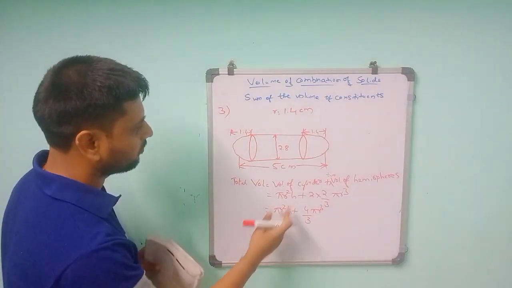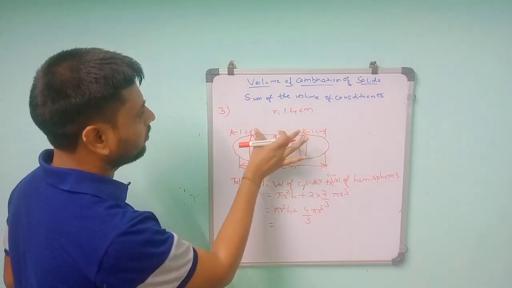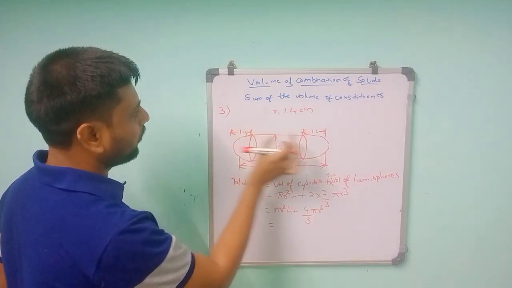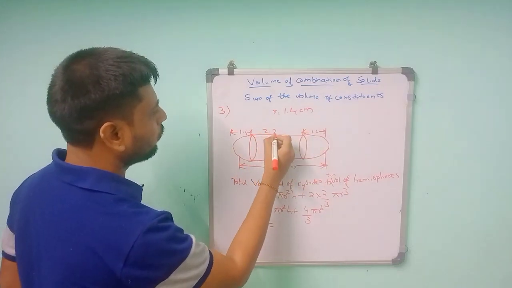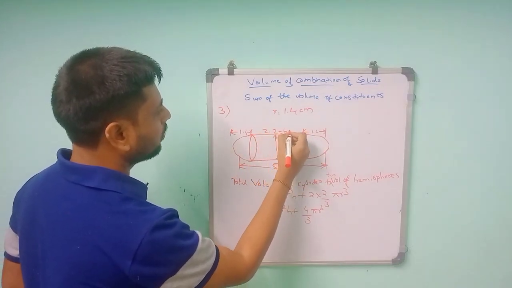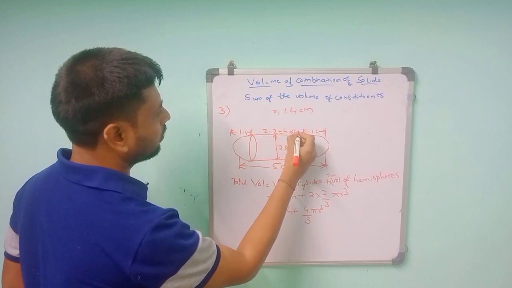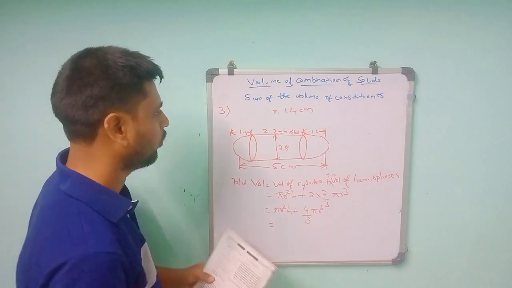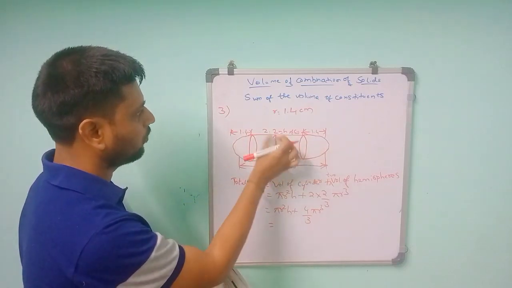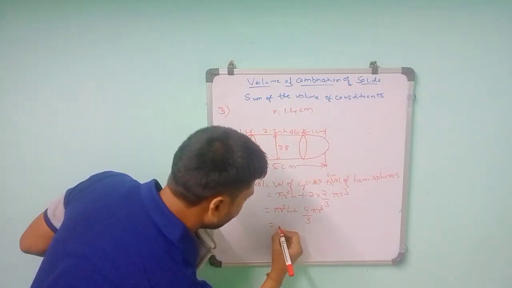For the height of the cylinder, this is 1.4, this is 1.4, total 5. So 5 minus 2.8 will give 2.2. So you get the height of the cylinder as 2.2. Then you have to put the values.